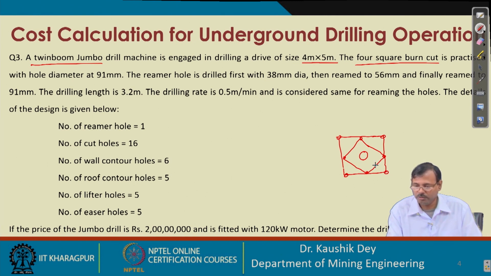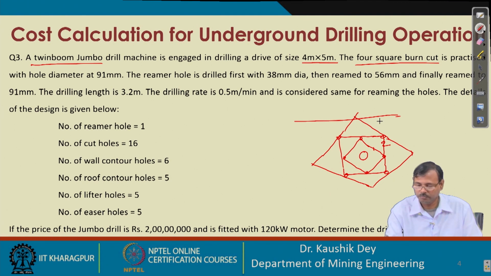So, this is the first square, this is the second square, this is the third square, and this is the fourth square.